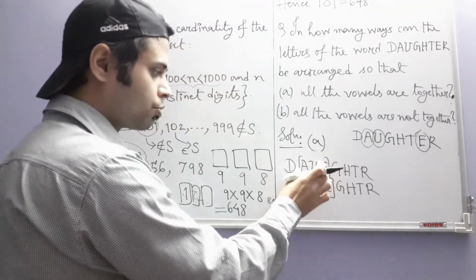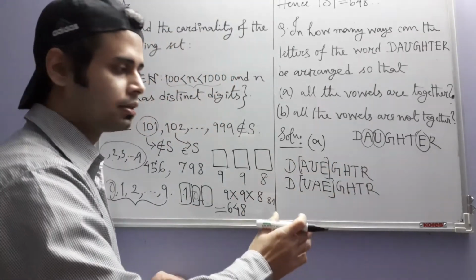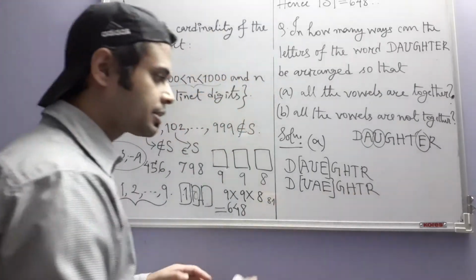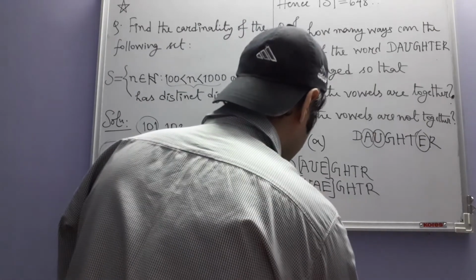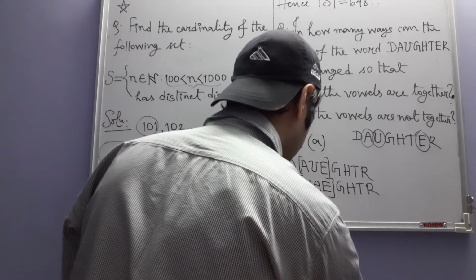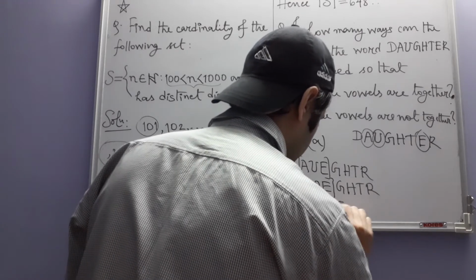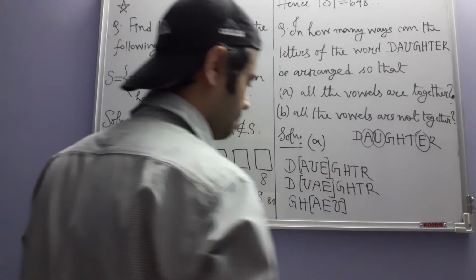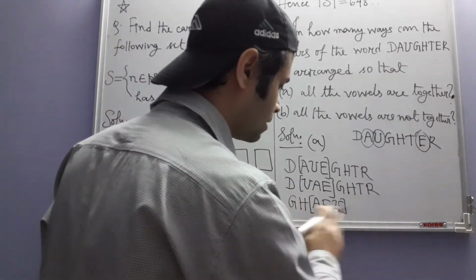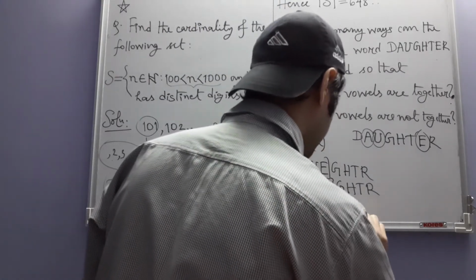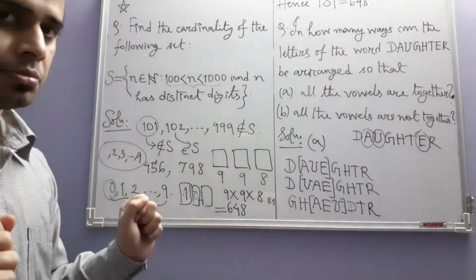But this group of letters, which are the vowels, can be anywhere, and also these consonants can arrange themselves in any way possible. Say I write G, H, A, E, U. Now, writing a still different arrangement of the vowels themselves, G, H, D, T, R. These are all possible arrangements.